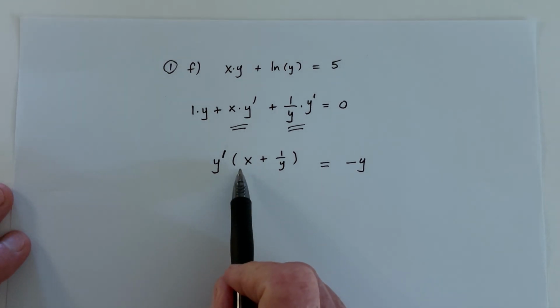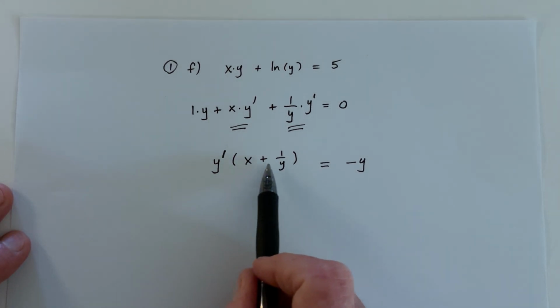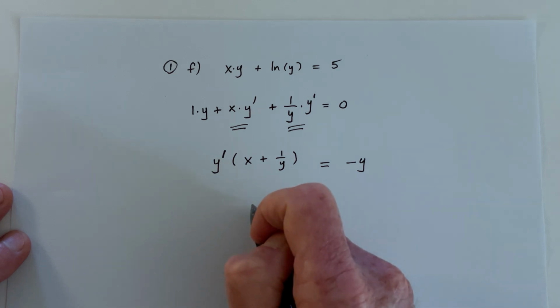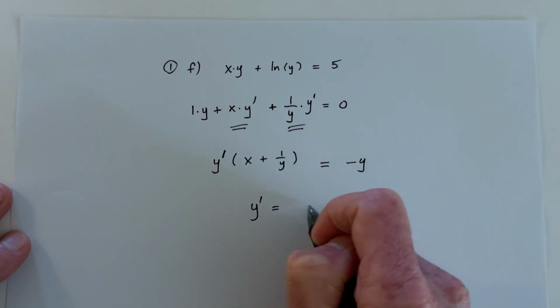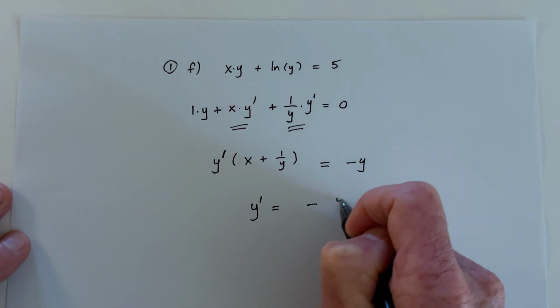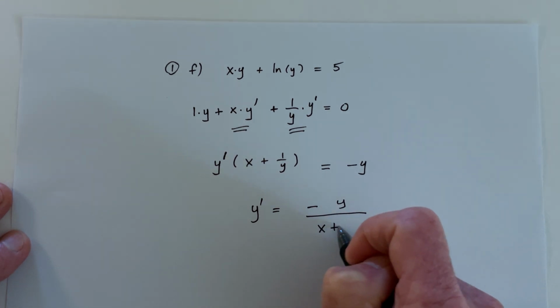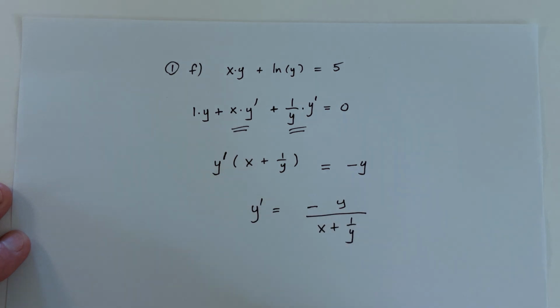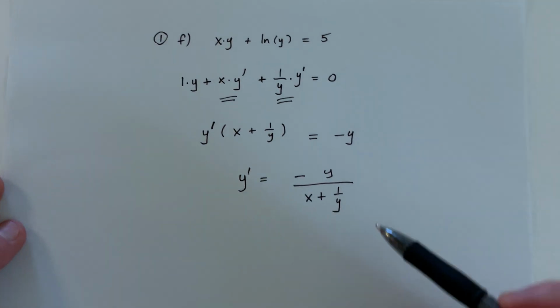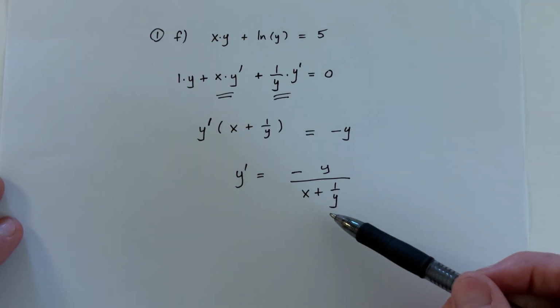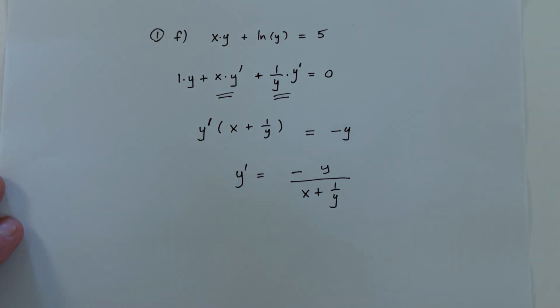Now to solve for y prime, all I need to do is divide both sides by this. So I would have y prime equals, there was already a negative y, and then that gets divided by x plus 1 over y. Now this is a compound or a complex fraction, so I do need to simplify that.